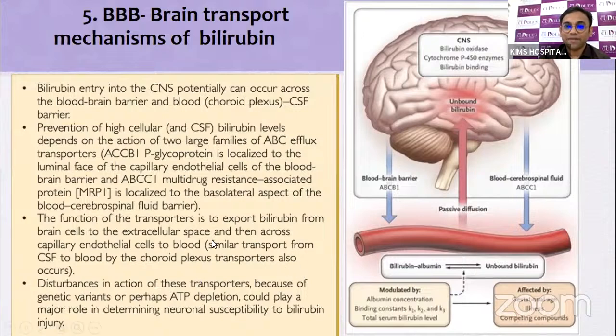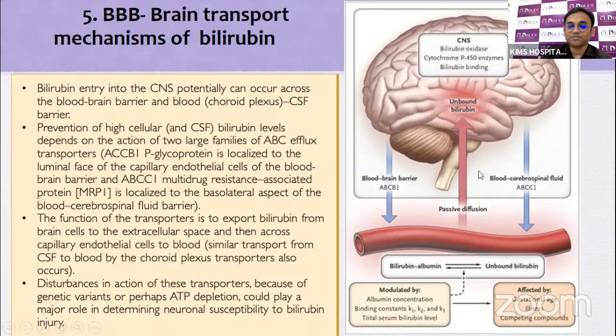So usually the blood-brain barrier tries to prevent the entry of bilirubin into the brain. So we have two important mechanisms. Whenever the bilirubin is dissociated from the albumin and more unbound free bilirubin is present, because of various other factors, the bilirubin can go into the brain. However, there are two important transporters. One is present at the blood-brain barrier on the endothelial surface, and this is ABCB1.